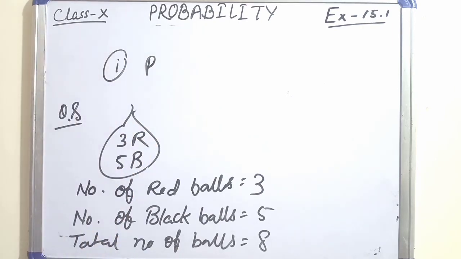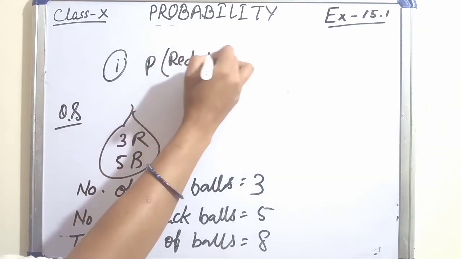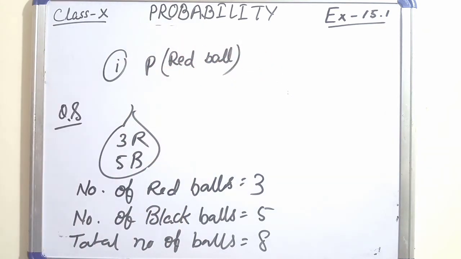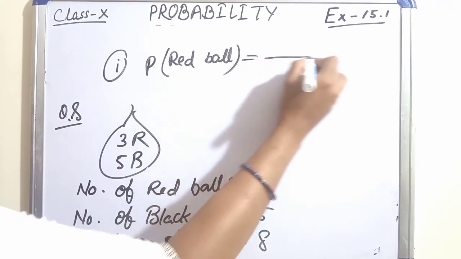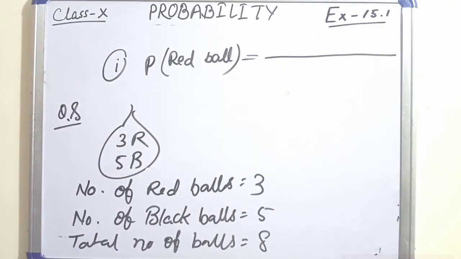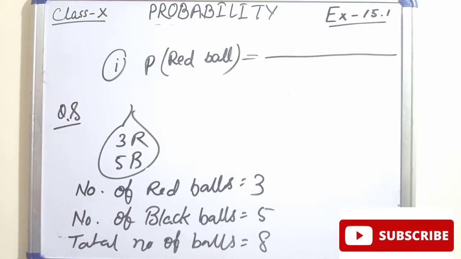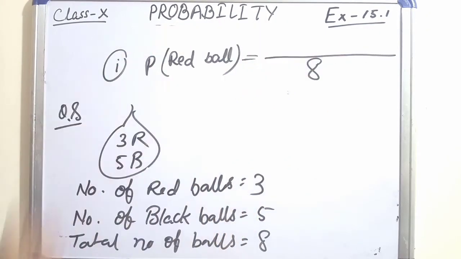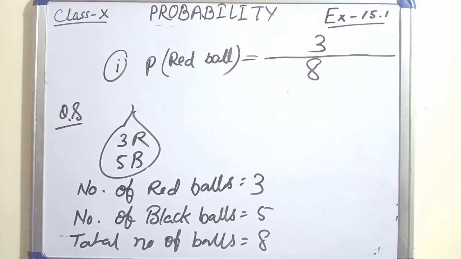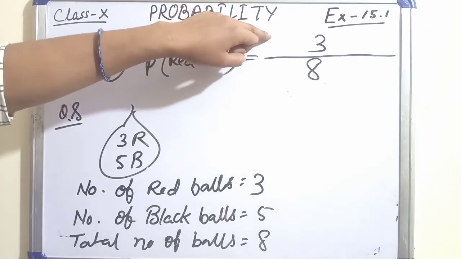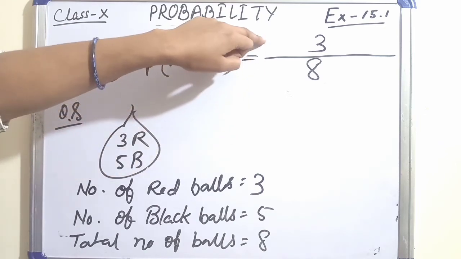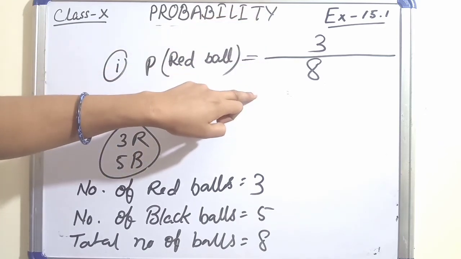So the probability of a red ball: probability of any event is equal to the number of ways an event occurs upon the total number of outcomes.